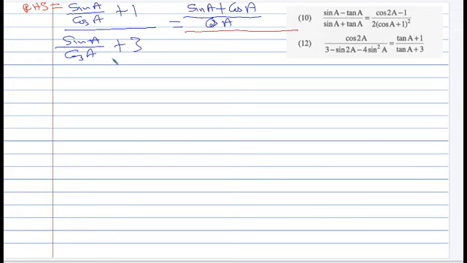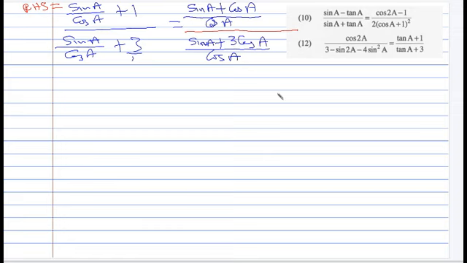We are doing the same for the denominator, just that it has a 3 there, so it's over 1. Our common denominator there is cos A once again, and then this is going to be sin A plus 3 cos A.